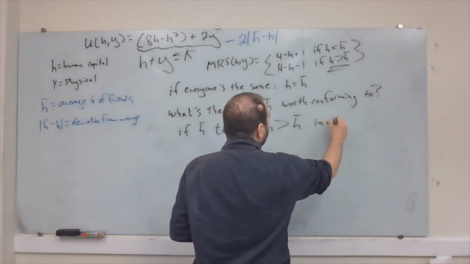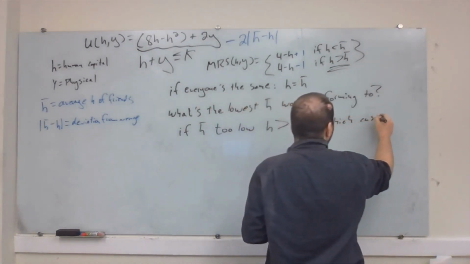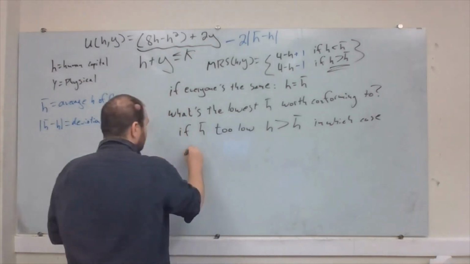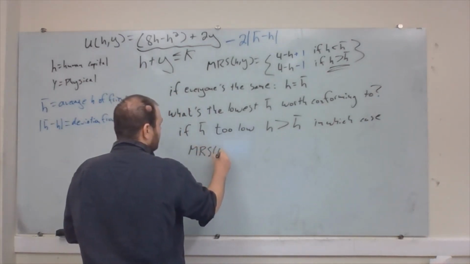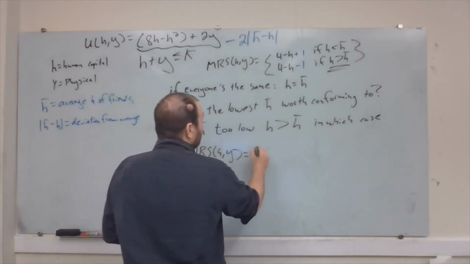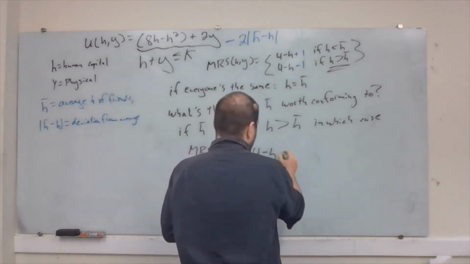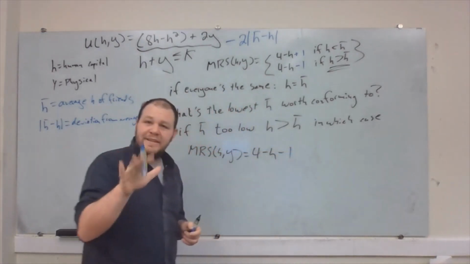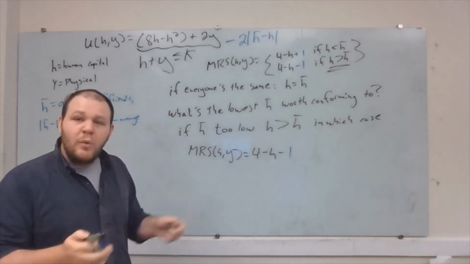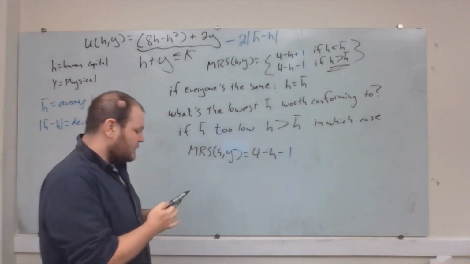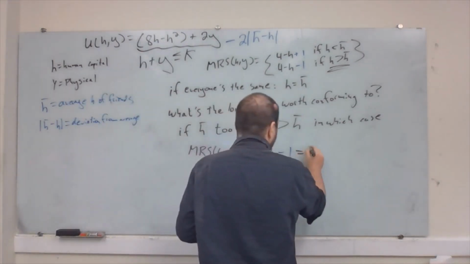In which case our MRS would equal 4 minus h minus 1. This makes sense? So we would do what we've been doing, set our MRS equal to the price ratio, which is just equal to 1.